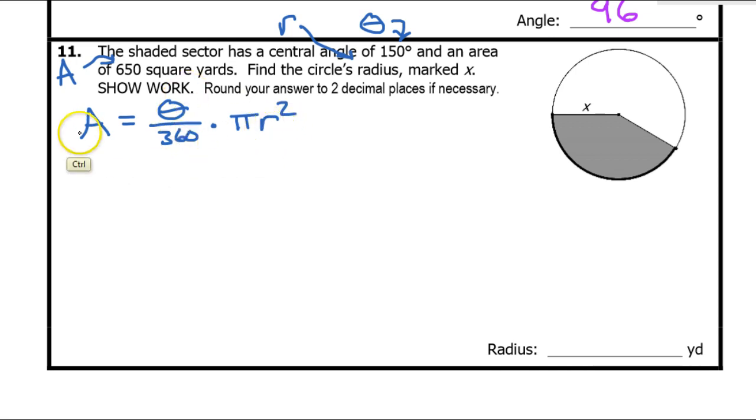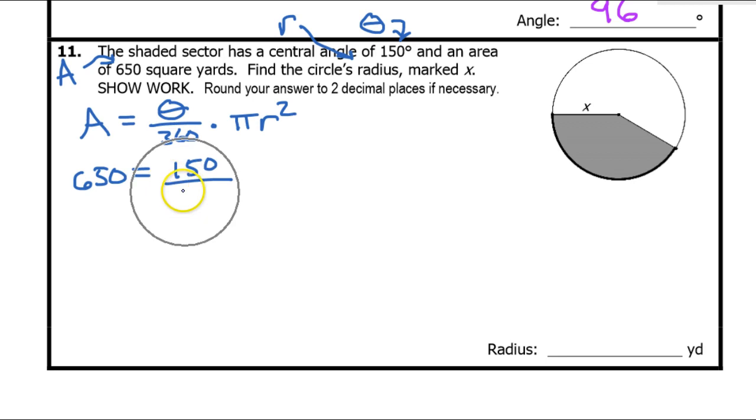Now we're looking for r. That means we must be given A and theta. So A is 650, like we said. So that goes here. Theta is 150. So I have 150 over 360 times pi r squared.